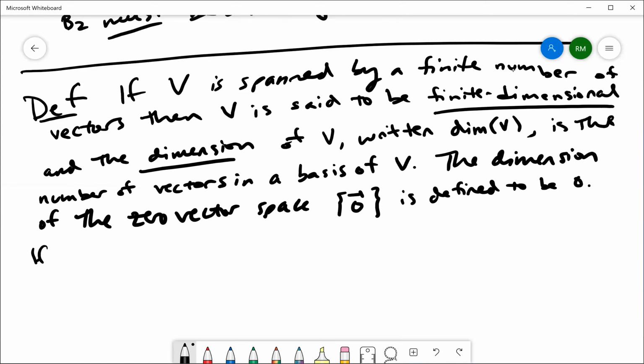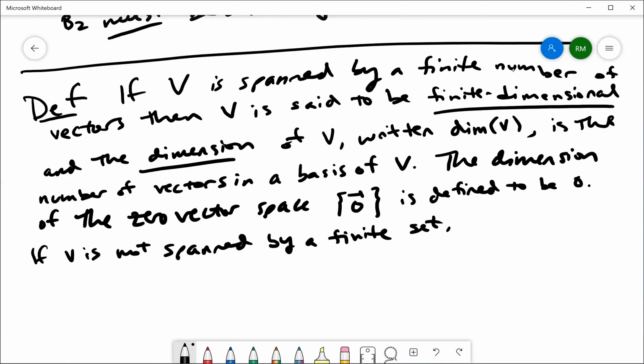And if V is not spanned by a finite set, then we call V infinite dimensional.